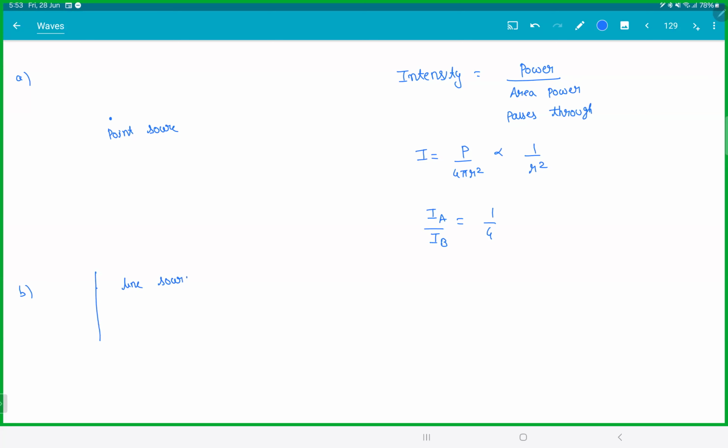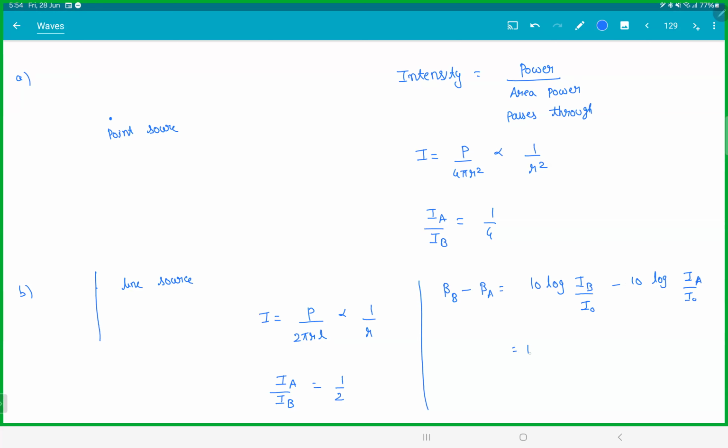For a line source, intensity would be power by surface area, which is 2 pi RL. That will be proportional to 1 by R. So IA by IB will be half only. So when you take the difference in decibels, beta B minus beta A, this is simply 10 log intensity of B by I naught minus 10 log intensity of A by I naught.